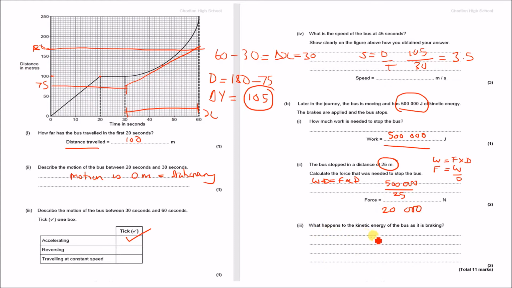What happens to the kinetic energy of the bus as it is braking? Well, if you remember, we've got this store of kinetic energy, and that store of kinetic energy is going to be transferred to a different store, and that's going to be the thermal store. So this is going to end up with no energy in it, and the thermal store will have all the energy.